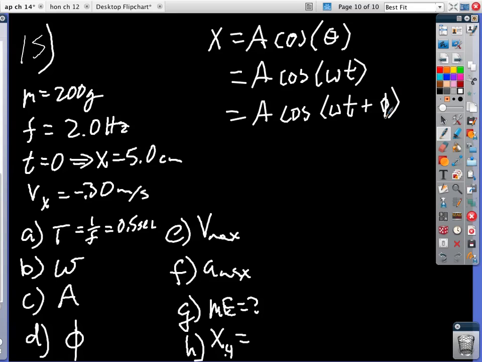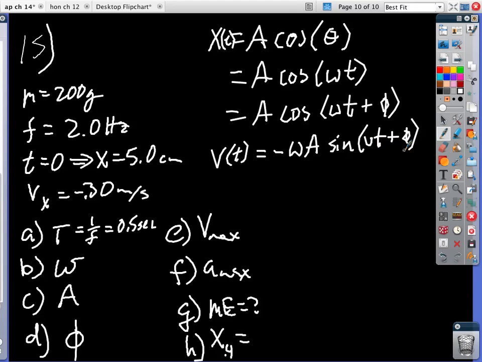Now, take the derivative of this, and you get this, right? Well, technically that's x of t. And then this is v of t. You get the negative omega A sine(omega t plus phi). And this right here is how you get v max. Because you say, what is the max value of this?